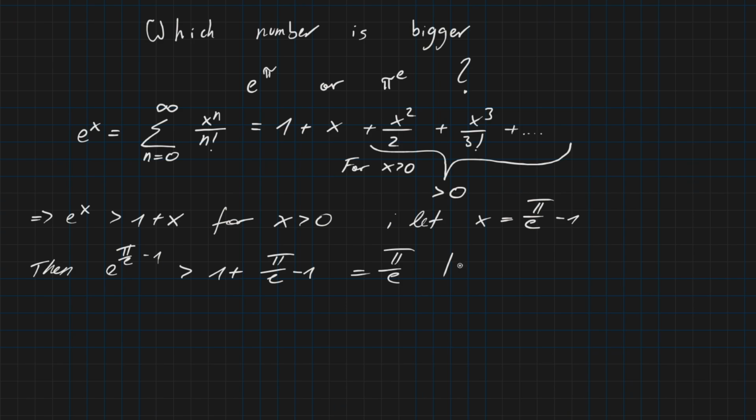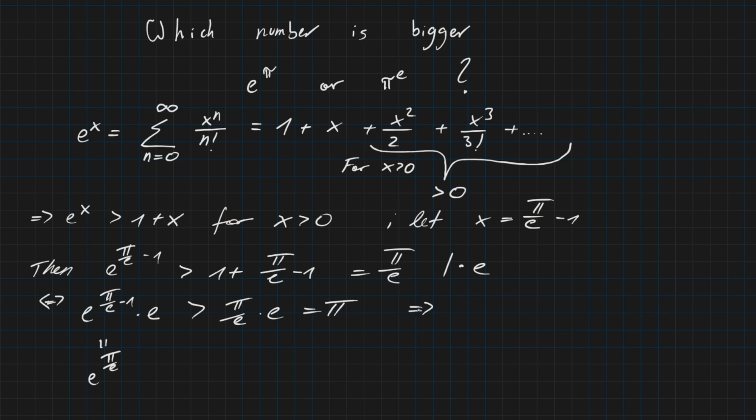And then we can multiply on both sides with e in order to get e to the power of pi over e minus 1 times e is bigger than pi over e times e, which is just pi. And here on the left hand side we are getting e to the power of pi over e, because this minus 1 and e cancel out. So e to the power of pi over e is bigger than pi.